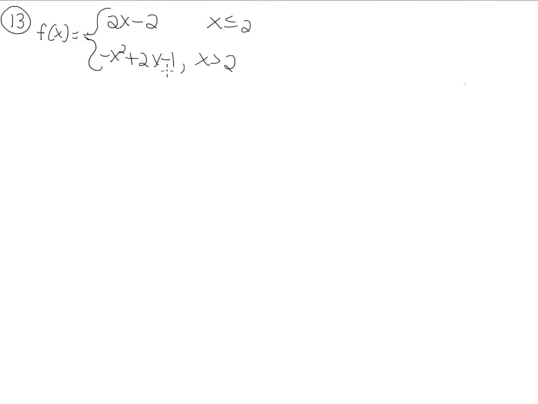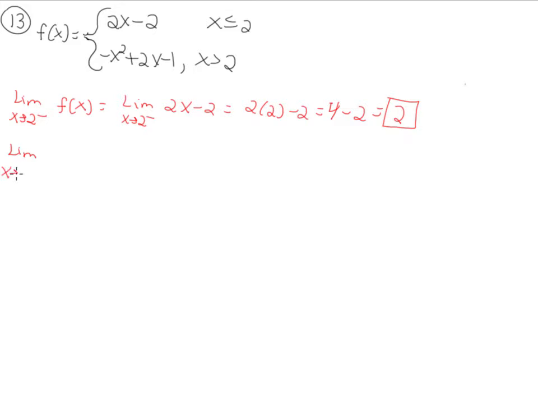All right, and number 13, the first equation is a polynomial, the second equation is a polynomial, so that means it's continuous everywhere except maybe where the two halves meet. So I'm going to try by looking at my limit definition of continuity and figure out the limit from the left and limit from the right. The limit from the left is equal to 2.